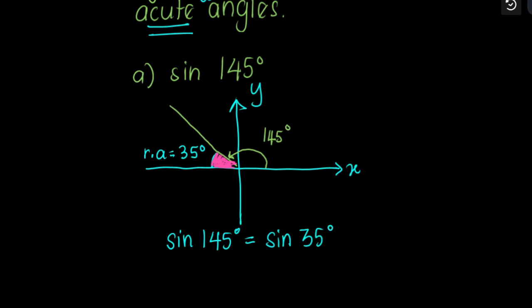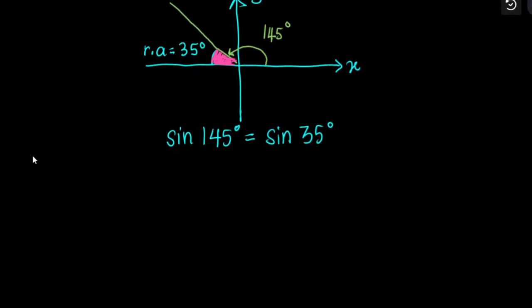Now take your calculator, key in sine 145, check the value, and then key in sine 35, check the value. Are they the same? Yes, that means we have managed to convert the bigger angle, the obtuse angle, into an acute angle.